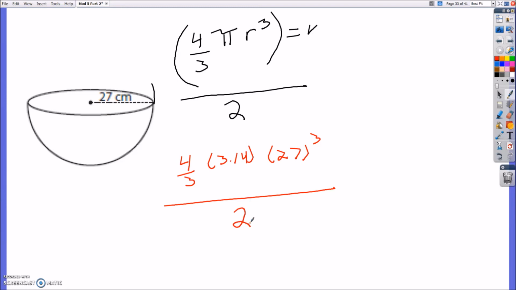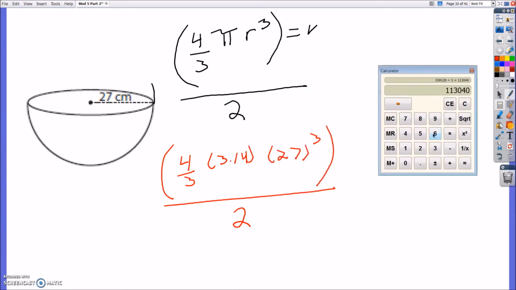So let's go ahead and do everything in the big parentheses first. So if I take my calculator and I do 27 to the 3rd power, and then I times that by pi, and then multiply it by 4/3, this would be the volume of the entire sphere.